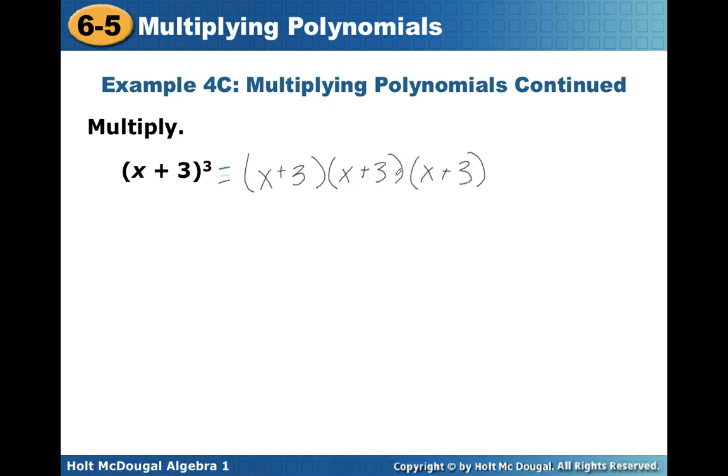So if we only look at this side of the screen, ignoring the x plus 3 for right now, this binomial times binomial, we know how to solve these. We know how to use FOIL.